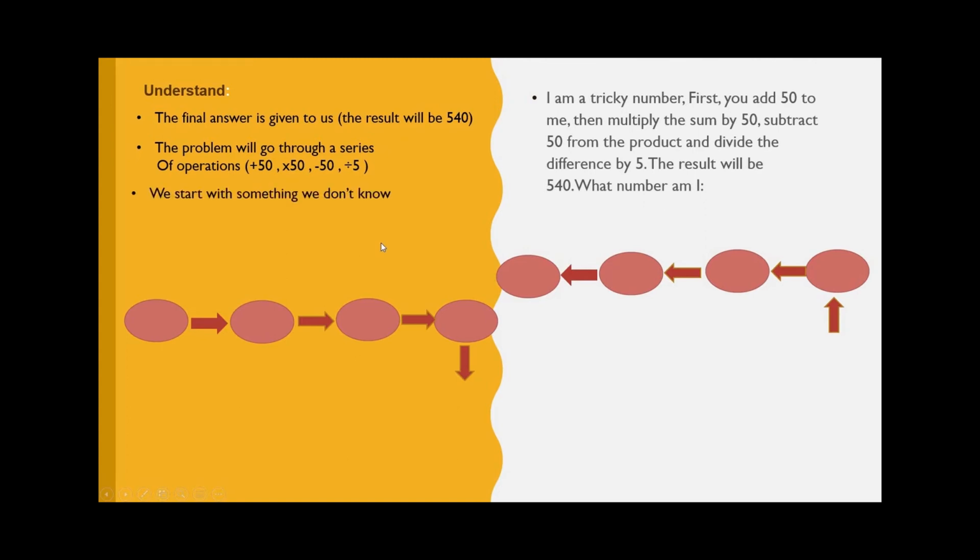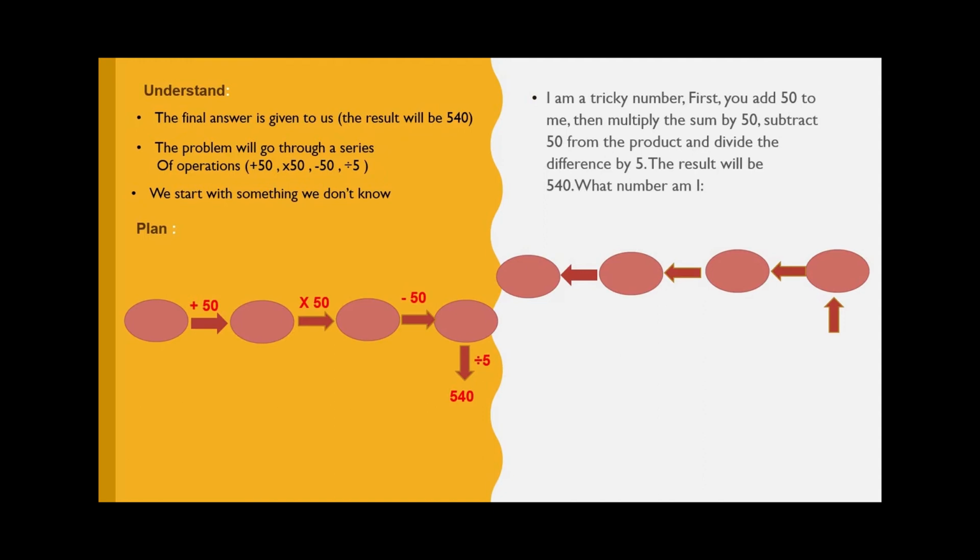We know the final answer is 540. As I told you, we need to start with something that we don't know, a tricky number. Then our number is added to 50.